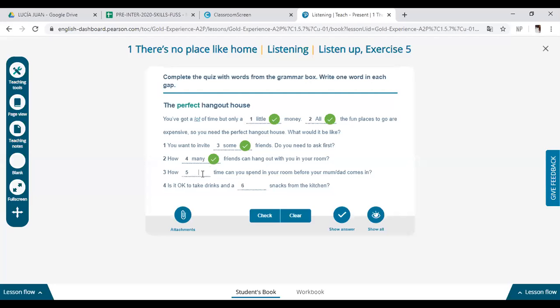Good. Why how much? Because time is uncountable. Good. And the sentence, is this a positive sentence, a negative, a question? A question. Good. So we have an uncountable noun in a question.